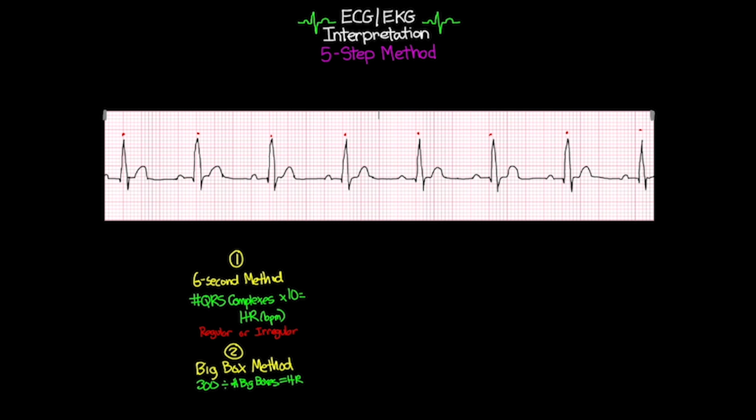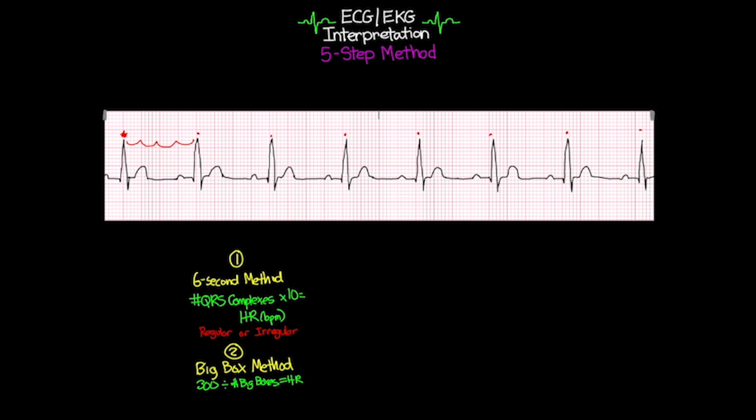So for this example here, let's go ahead and start back over here with this one. And here we can see that we actually have 1, 2, 3, almost 4 perfect big boxes. And so if we were to take 300 and divide it by 4, we would actually get 75. And so here's where you can see some of the difference between some of these methods.